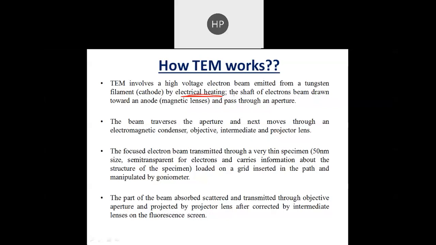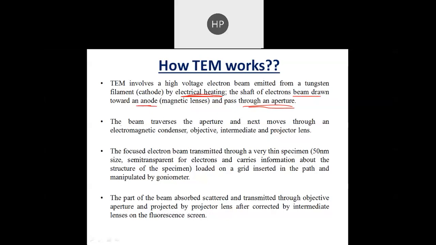The shaft of the electron beam is drawn towards an anode and passes through an aperture. The anode, we know, is positively charged, and it has a center hole. Through that central hole the electron beam is drawn, and it passes through that aperture.